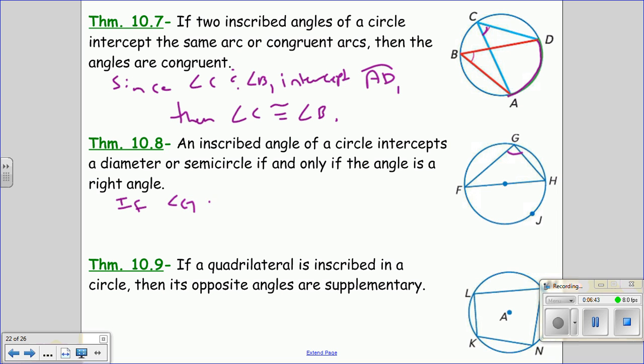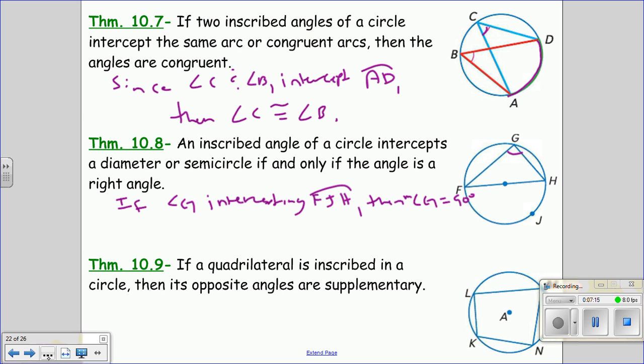So it's intercepting arc FJH, which is a semicircle, then angle G, or the measure of angle G, equals 90. That's what this theorem is saying. Since angle G is intercepting a semicircle, then the measure of angle G is 90 degrees.